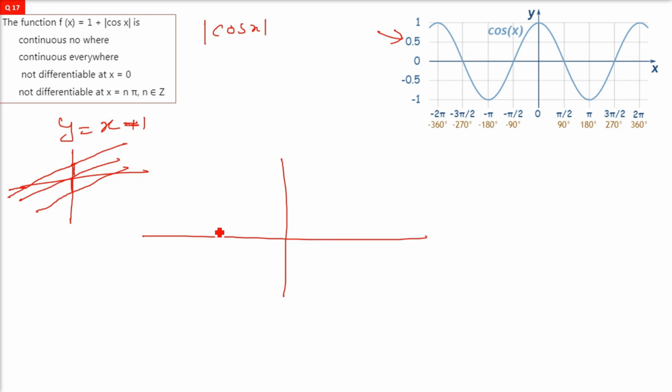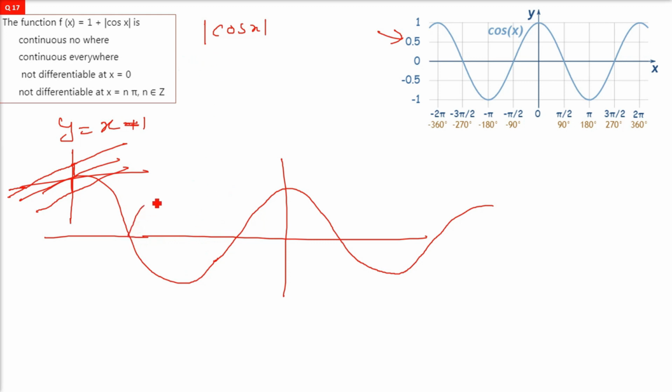Similarly, if you know modulus of cos x, you know the function. Modulus of cos x will always give you positive values above the x-axis, like a dome-shaped structure. So this is a very good drawing by me. Thank you so much. And modulus of cos x will give you what? All these parts will go up.